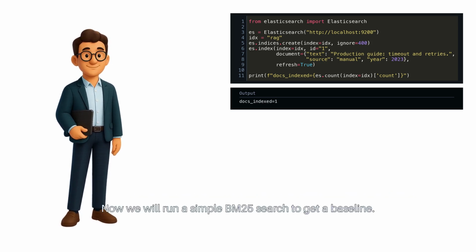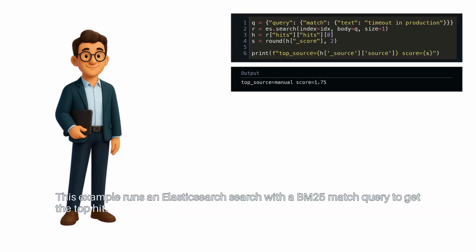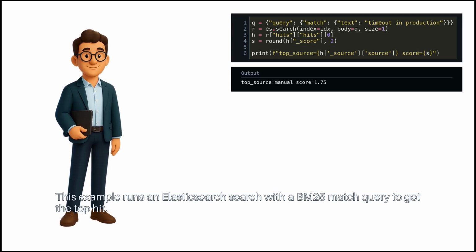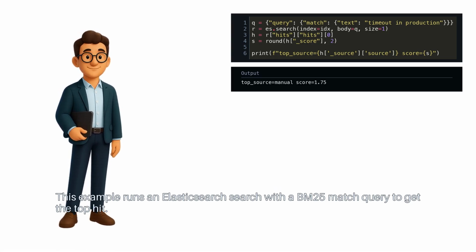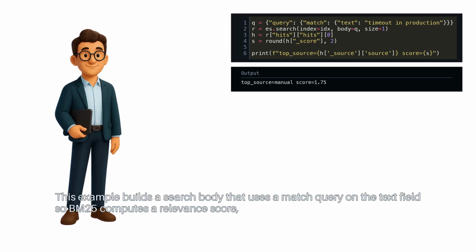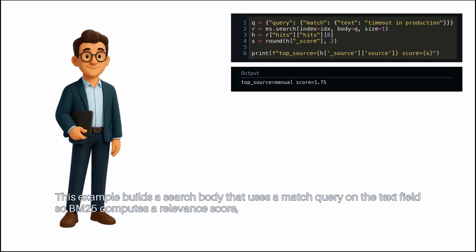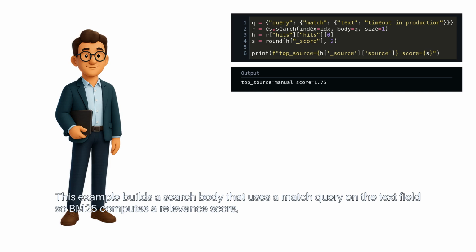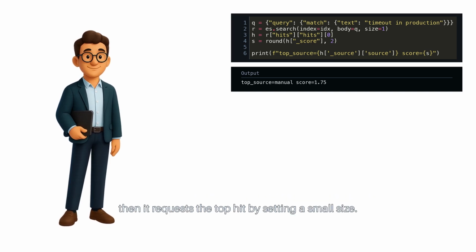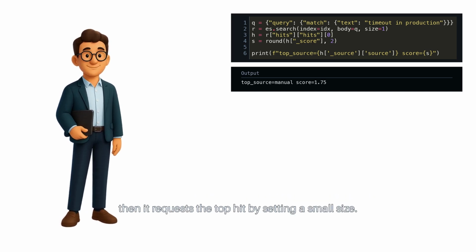Now we will run a simple BM25 search to get a baseline. This example builds a search body that uses a match query on the text field, so BM25 computes a relevance score. Then it requests the top hit by setting a small size.